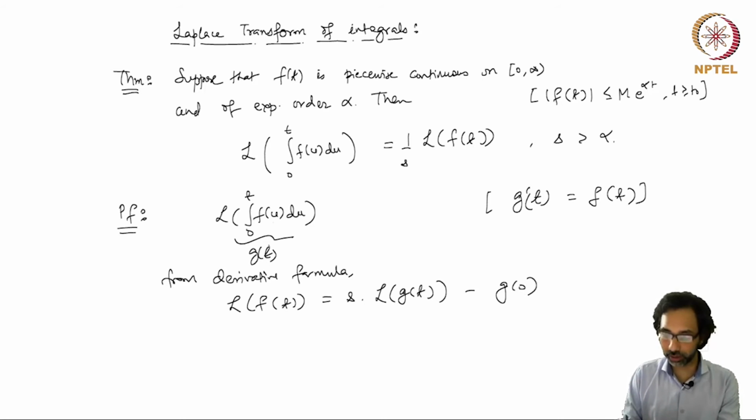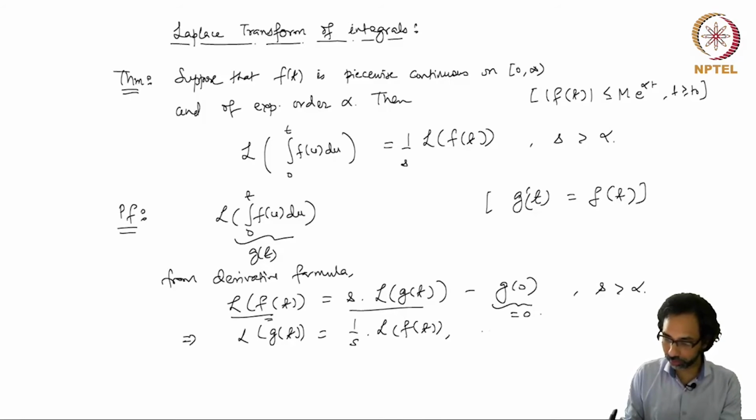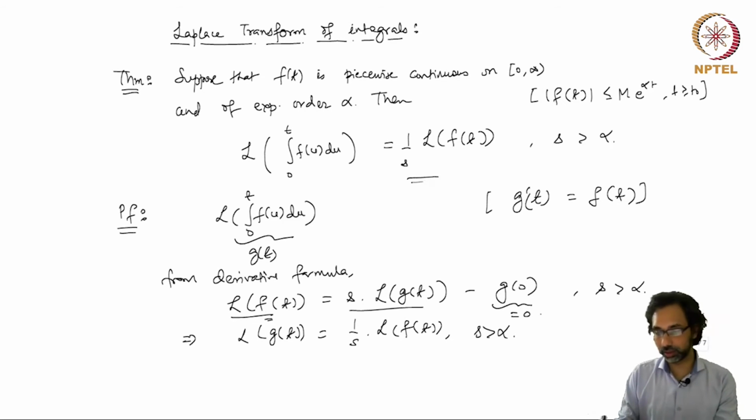But since g is defined as an integral, g(0) is simply 0, and so we are left with L of f(t) equal to s times L of g(t), and this formula is valid for s greater than alpha. This is needed for the Laplace transform of f(t) to exist. This implies that the Laplace transform of g(t) is simply 1 over s times the Laplace transform of f(t), and this is our theorem. So the proof is really easy, and it follows from the derivative theorem, and we have already seen one example here.